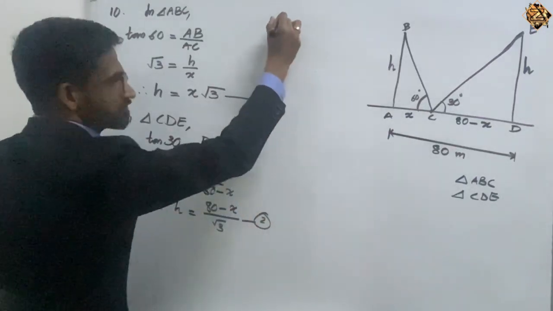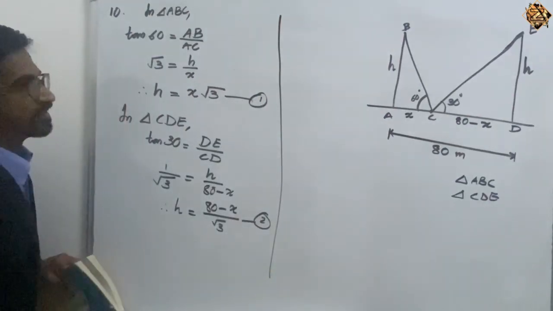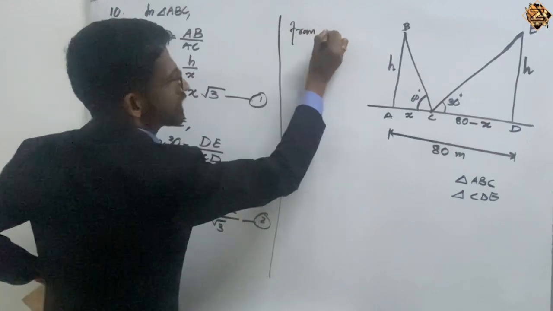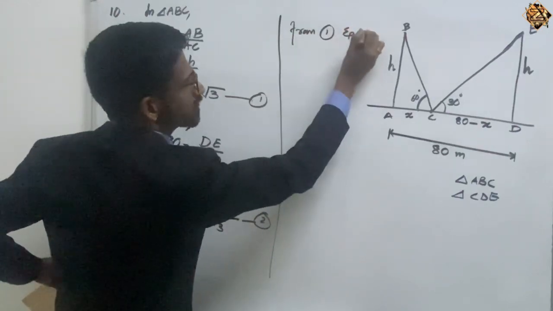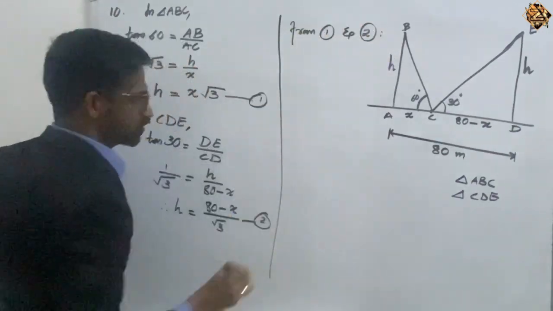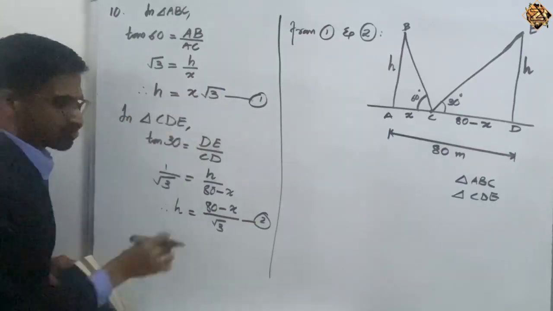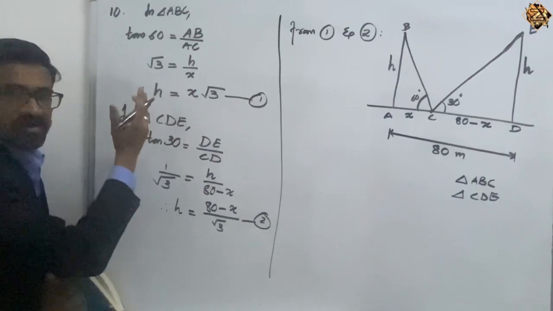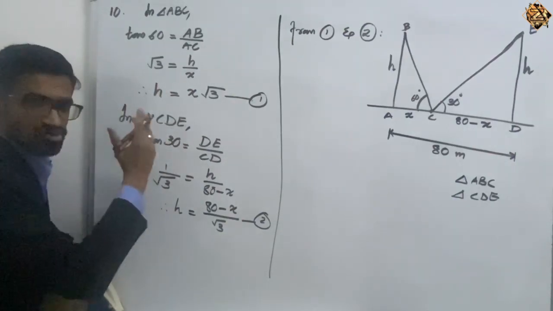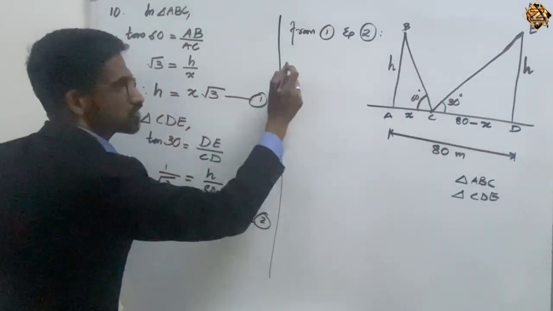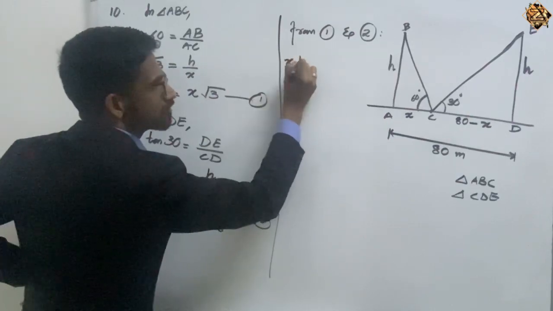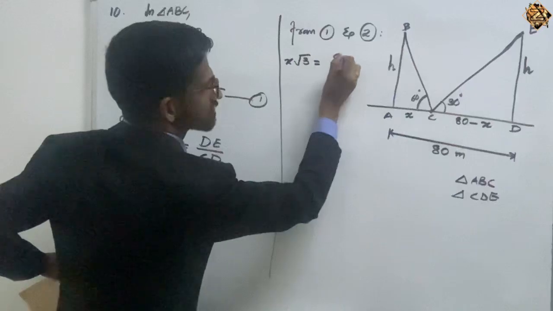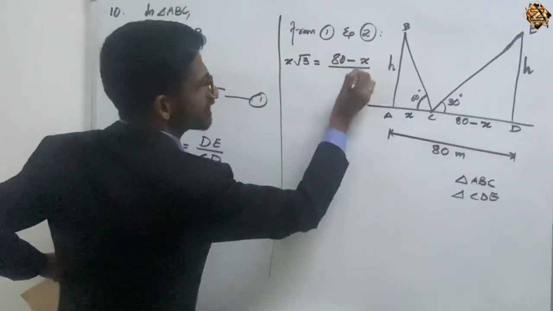Now from equation 1 and equation 2, we have h equal to x root 3 and h equal to 80 minus x by root 3, isn't it? So both the LHS are the same, so we can equate the RHS. So x root 3 equal to 80 minus x by root 3.